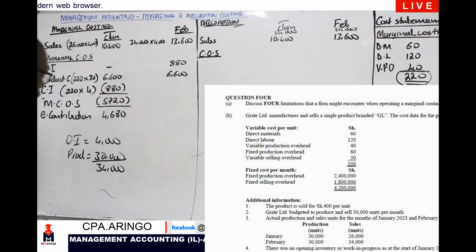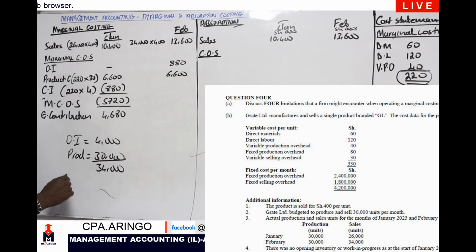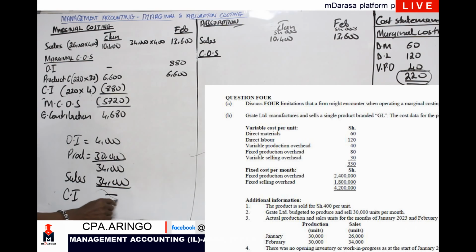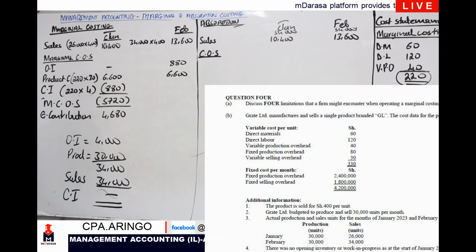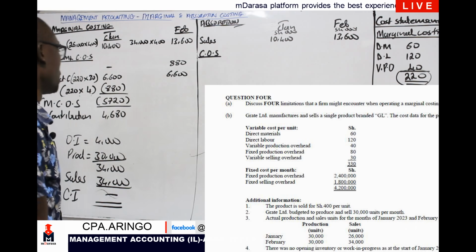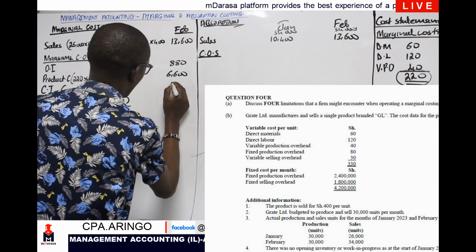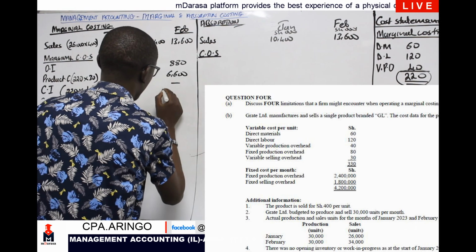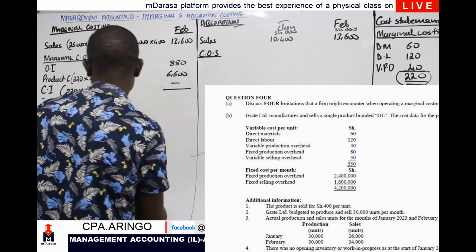How many units did we sell during the period? Our sales during the period were 34,000. So what is our closing inventory? Our closing inventory is literally nil. I don't have anything in relation to closing inventory, so I'm going to put a dash there indicating that it is nil.